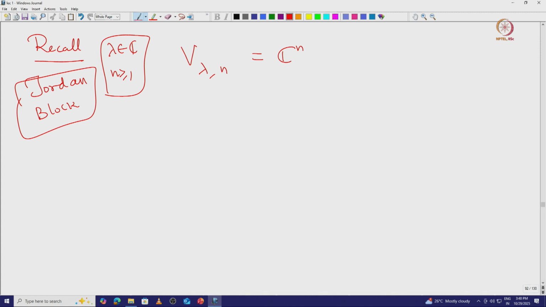You have the basis e i, then J lambda n acts on e i as lambda e i plus e i minus 1, for i greater than or equal to 2, and when you take e 1, you get just lambda e 1. So basically e 1 is an eigenvector corresponding to the eigenvalue lambda.